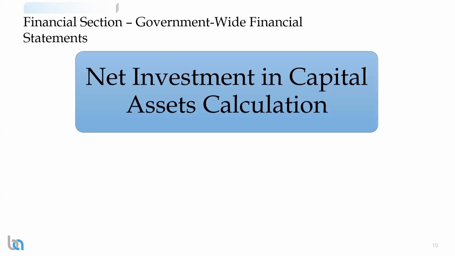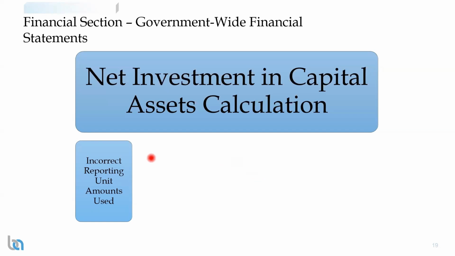Moving on to the government-wide financial statements, and this also applies to your proprietary funds. In terms of the net investment in capital assets calculation, there are often errors here that the GFOA has found. And this one can be kind of confusing how it could possibly happen, but incorrect reporting unit amounts used.